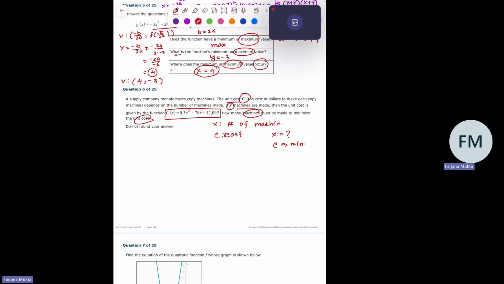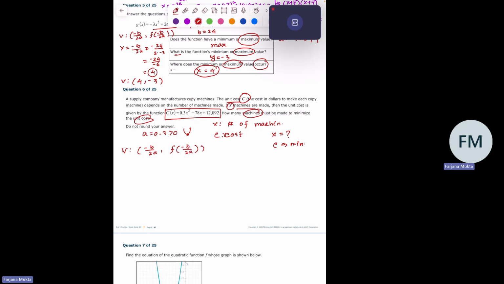Notice that the leading coefficient is 0.3, which is positive. That means it's an upward-opening parabola. And of course, for an upward-opening parabola, we are going to have a minimum at the vertex. So to find the number of machines for the minimized cost, we just need to find the x coordinate of the vertex. The vertex formula for the standard form is -b over 2a, f of -b over 2a.